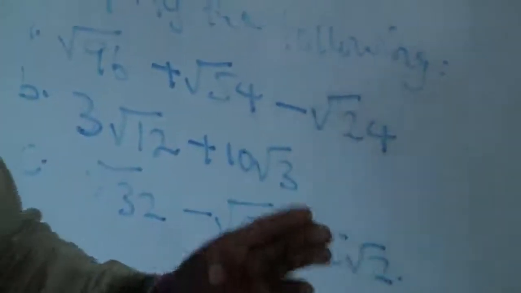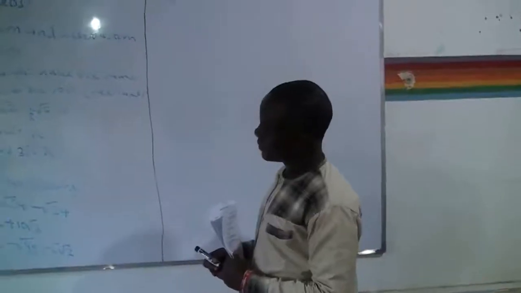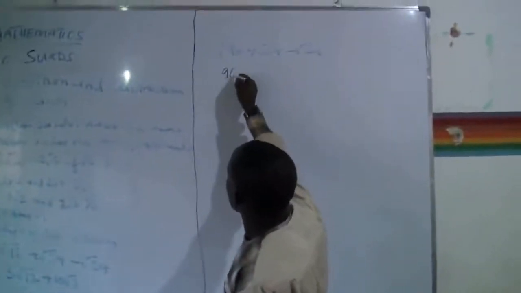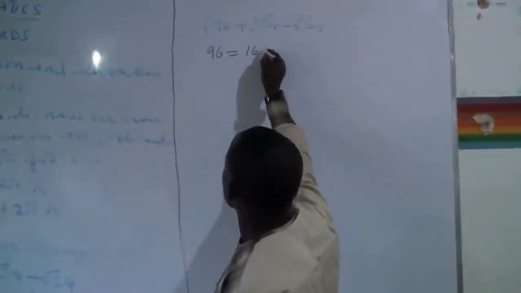And as I said before, when you are simplifying similar surds, just the way we collect like terms in algebra, we also do the same thing here. So the first example we have is, 96, of course, is the same thing as 16 times 6.